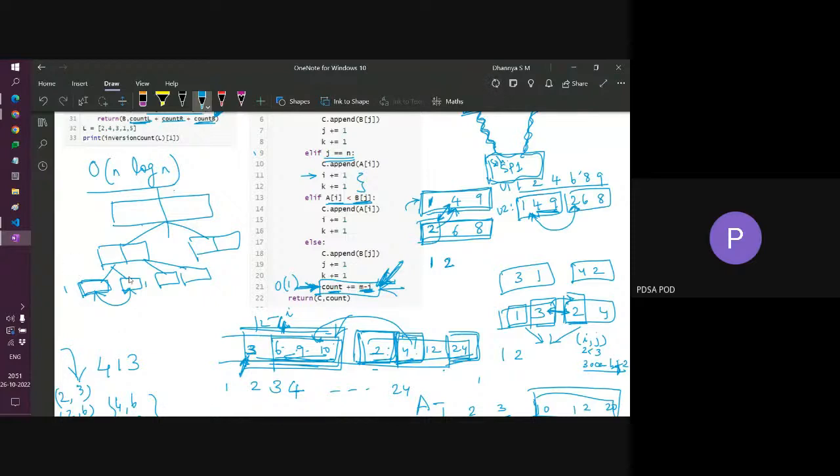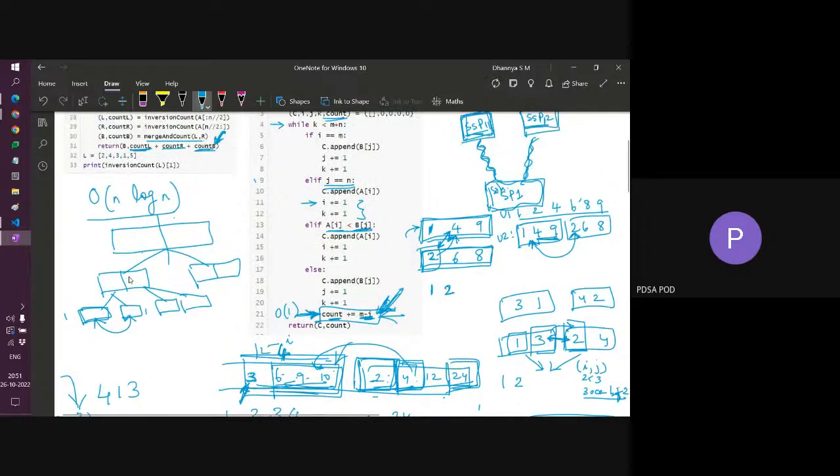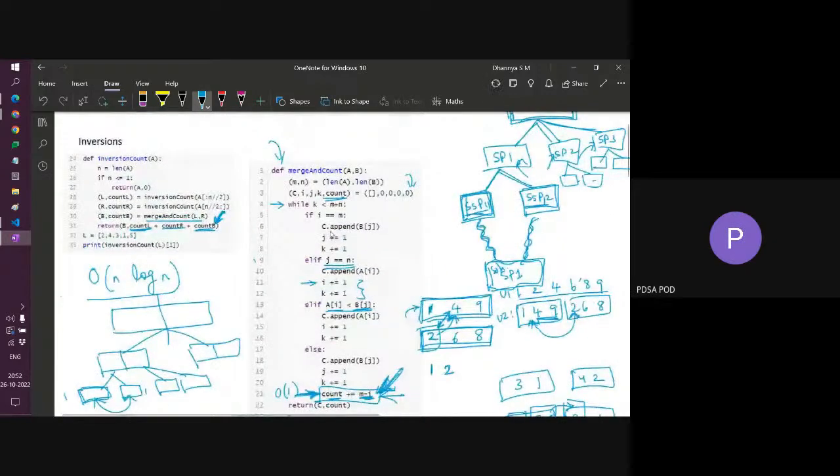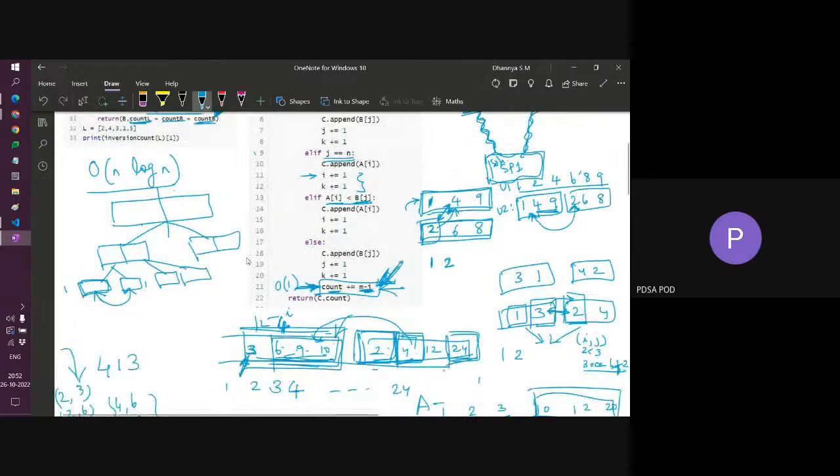In merge sort, you remember the merge method. You had an O of n, remember? When you're merging, you have an O of n because you're going through both lists and generating this new list C. That is the O of n complexity of the merge method. So just like that, there are no inversions here because it's only one value.